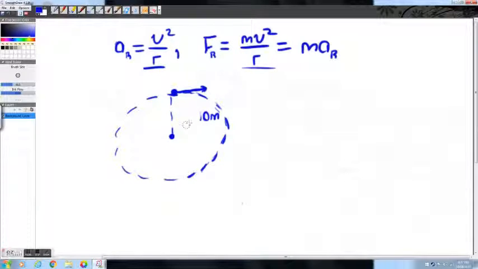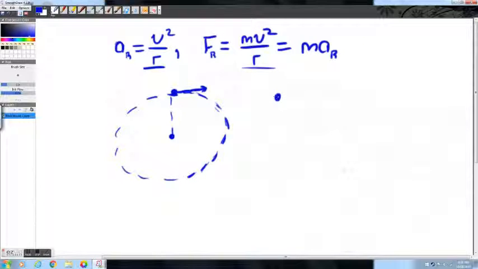If we have maybe a Ferris wheel or whatever, we may have more than gravity. So this is now a vertical circle.